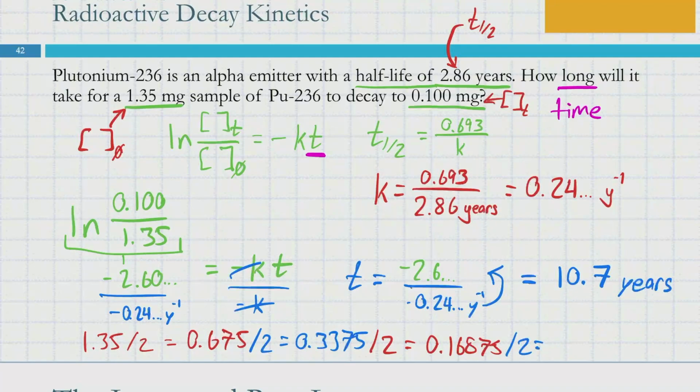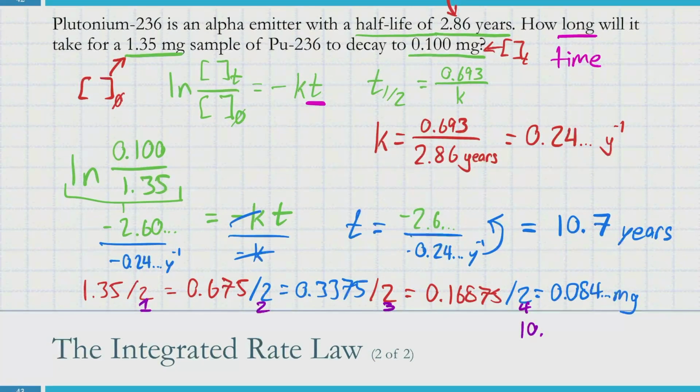And let's divide by 2 one more time. And we get to 0.084 and some change milligrams. That is 1, 2, 3, 4 half-lives. So we should expect our answer to be somewhere in the range of 4 half-lives.